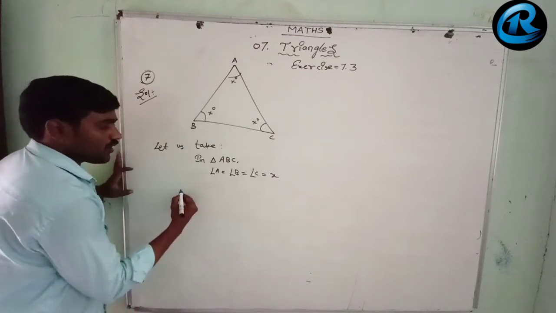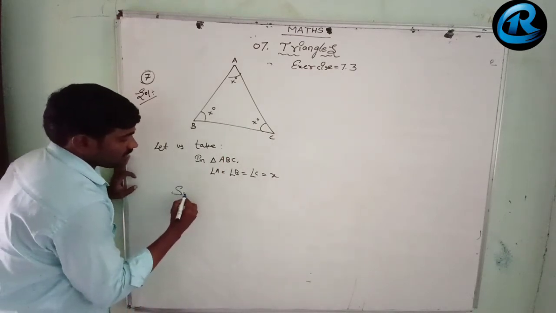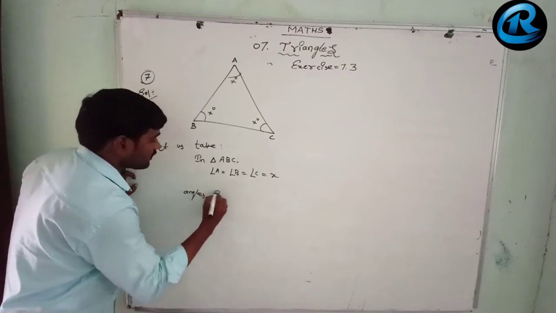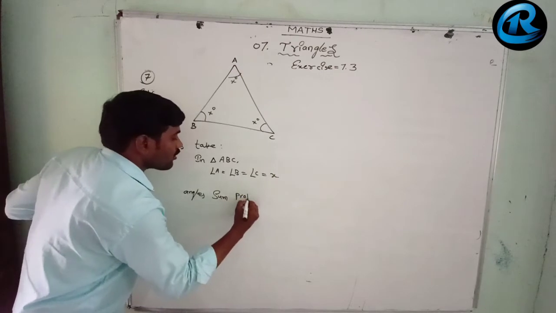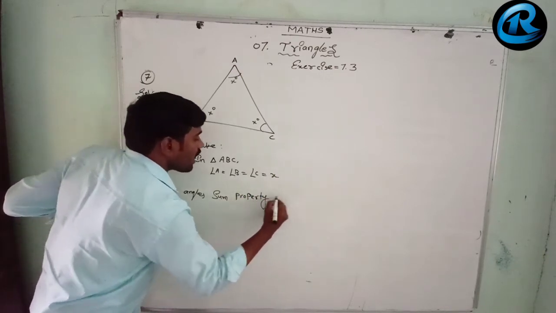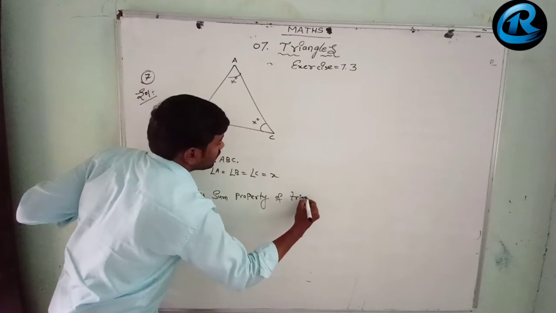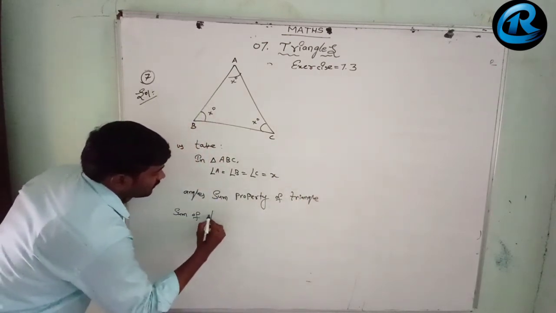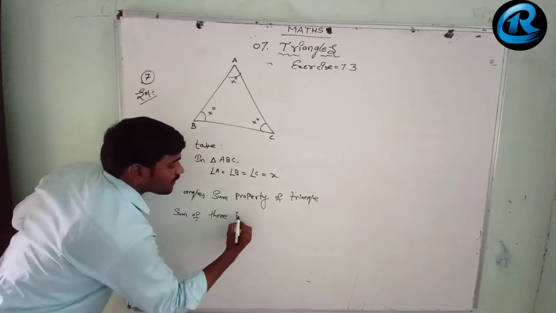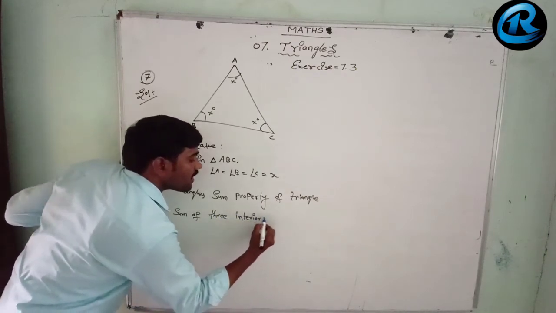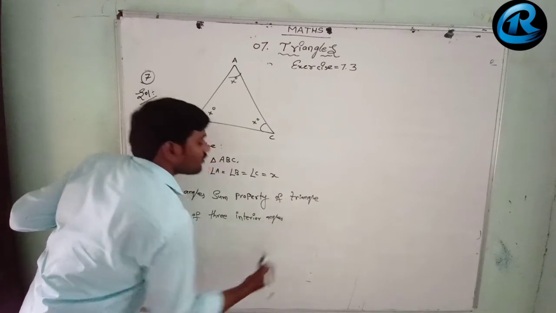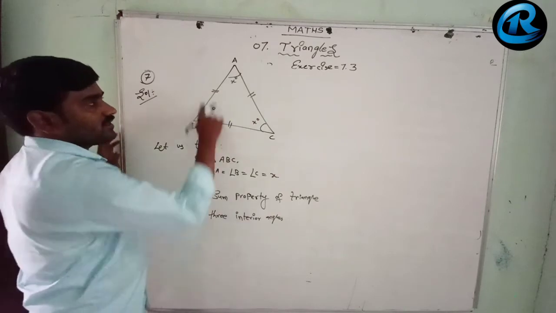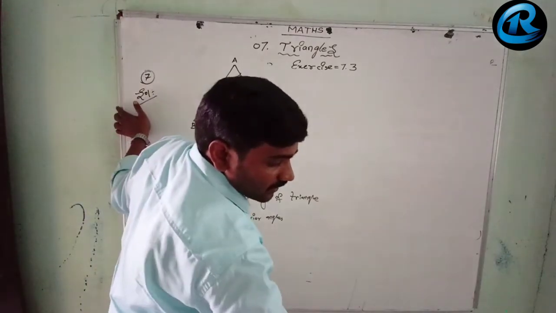So by the angle sum property of a triangle, the sum of the three interior angles is 180 degrees.